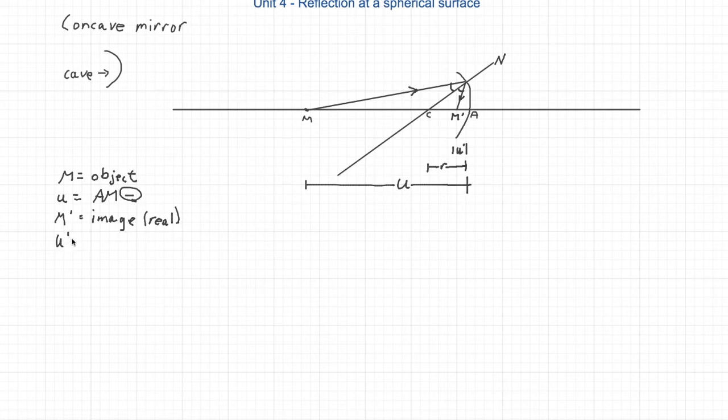This is a real image, right? The light actually passes in front of the mirror. If you put a screen there, you would get an image on that screen. U prime is also negative, going from A to M prime, and the radius is negative going from A to C. And remember, the normal goes through the center of curvature.